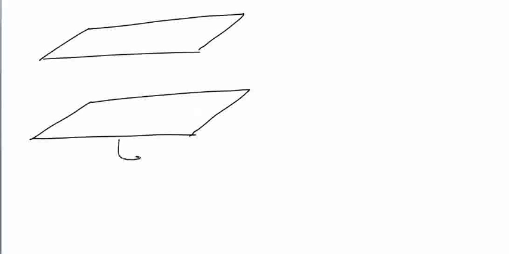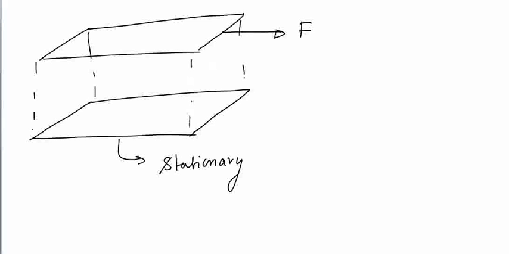Let me take a case where I have two parallel plates. If I show them in 3D, it will be looking like this, and there is fluid in between. This plate is stationary and this is being pulled by a force F, with fluid sandwiched in between. In a 2D diagram, I have a force F. Because of force F, there will be a certain velocity V of the top plate.